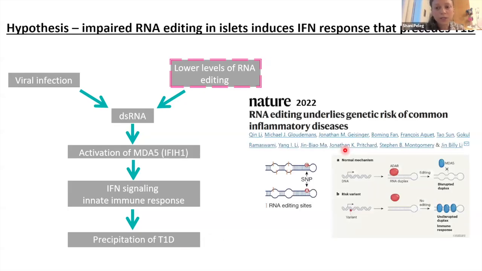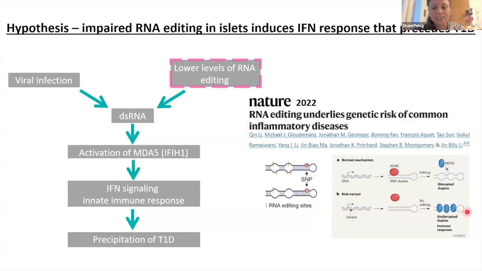And really, our model was supported by a paper that was published by Jin-Billy Lee's team in 2022 that shows that deficient RNA editing might underlie genetic risk of different inflammatory diseases, including type 1 diabetes. So briefly, they first found genetic variants that are associated with decreased levels of RNA editing.